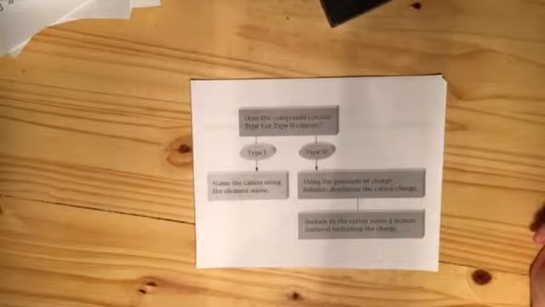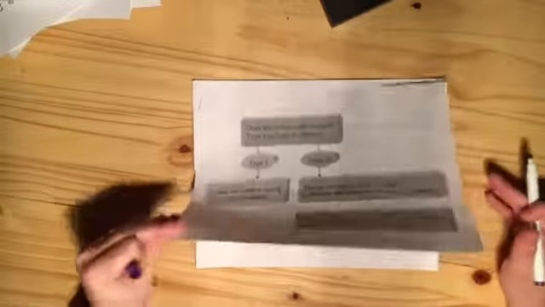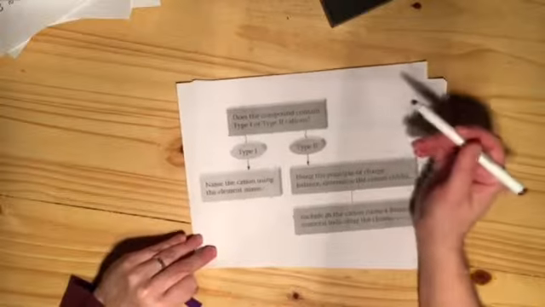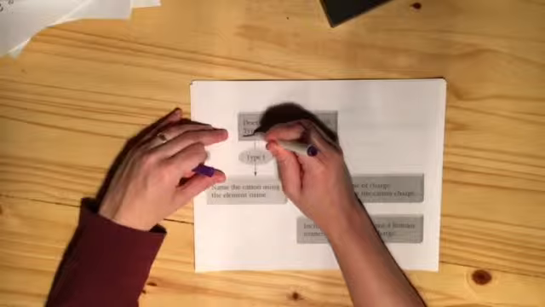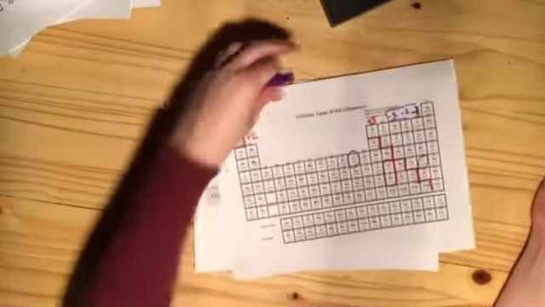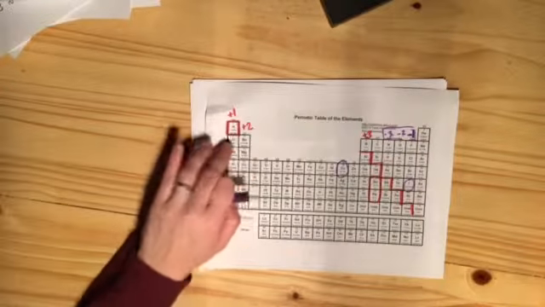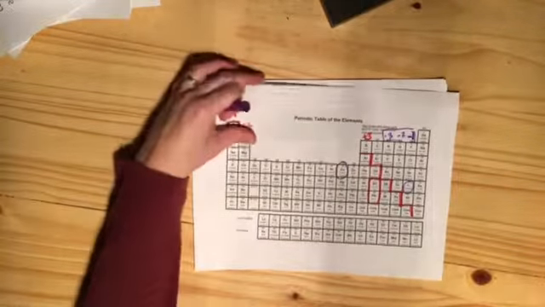So, when we are naming a compound, you're going to first ask, does it contain type 1 or type 2 cations? Type 1, group 1, group 2, or 3, right there.